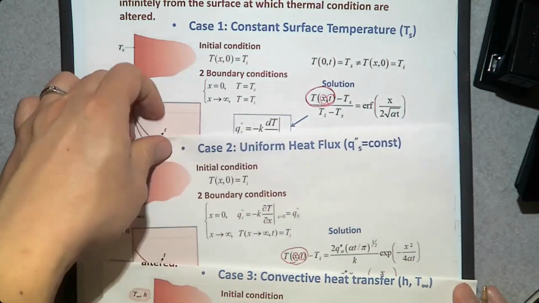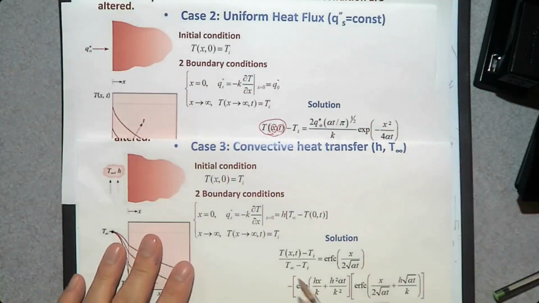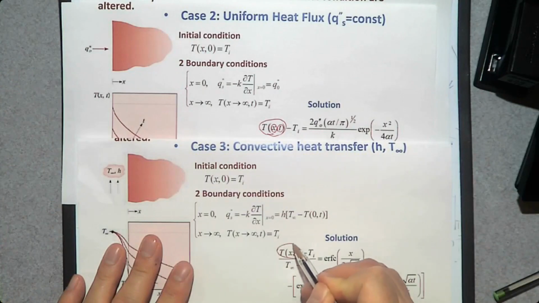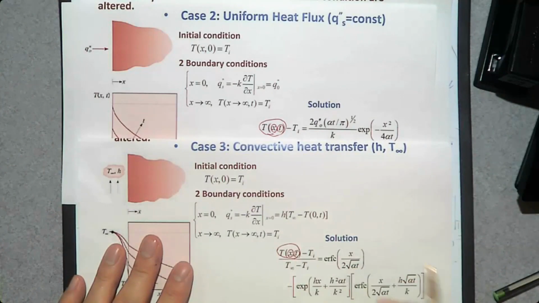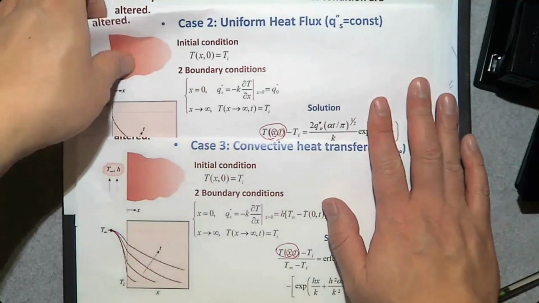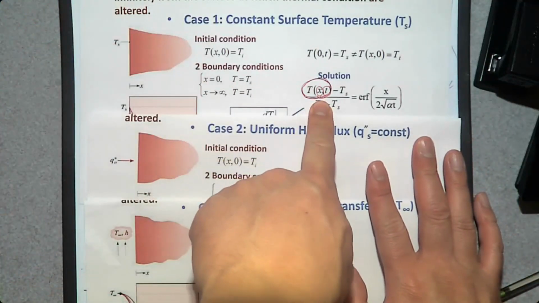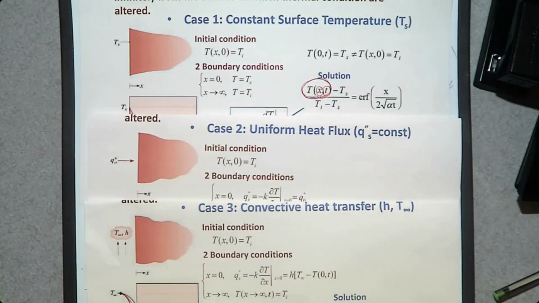If it is convection heat transfer boundary condition, this is the temperature of the solid at a position x and time t. So position x means the depth from the surface. So depending on which case it is, you can use this solution to determine the temperature of the solid at a certain location and time t.